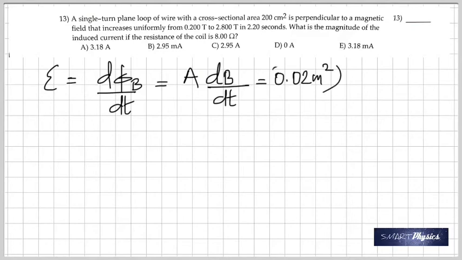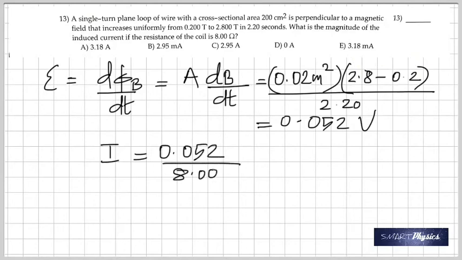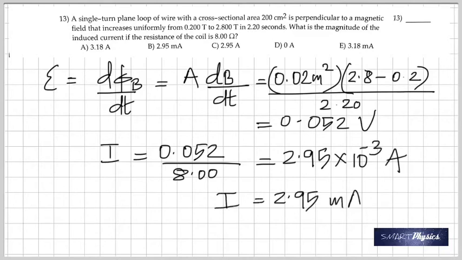And that's the area in meter squared. And the change in magnetic field strength is 2.8 minus 0.2. So you get that voltage, and then to find the current, divide by the resistance. So that's 2.95 milliampere.